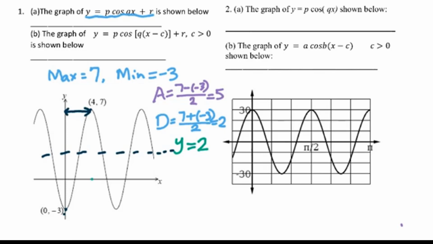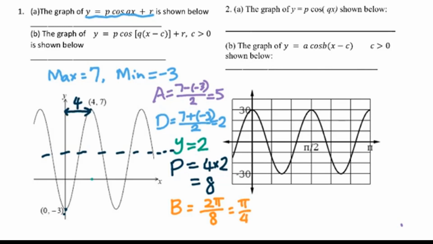That's 4, because the x-coordinate here is 4 and the x-coordinate here is 0. So 4 minus 0 equals 4. Then we can figure out the period equals 4 times 2. We got 8. After you figure out the period, we can get b equals 2 pi over p. That means 2 pi over 8, which is pi over 4.